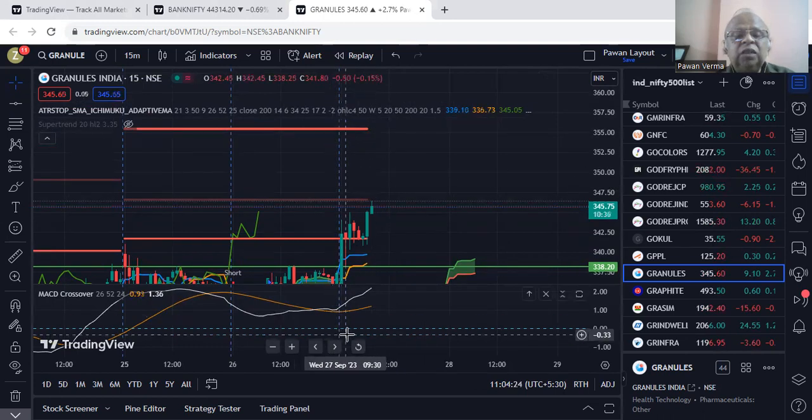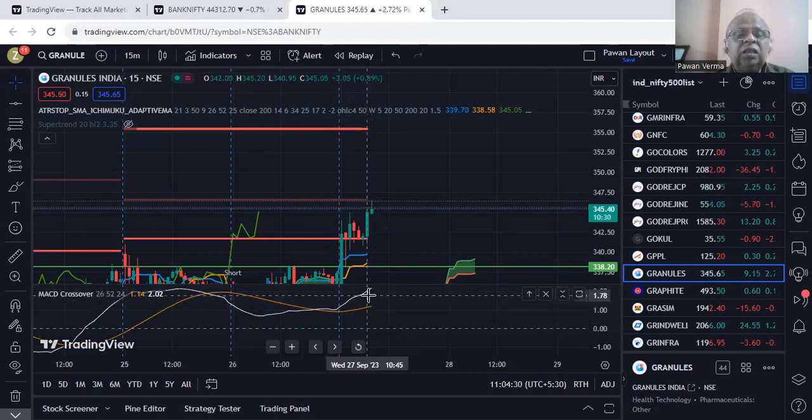Here the potency in the MACD is seen. Tenkan-sen and Kijun-sen gap is very limited. So they are very close to each other right now. And this is the ideal time right now to enter into the stock, or stock can be purchased.